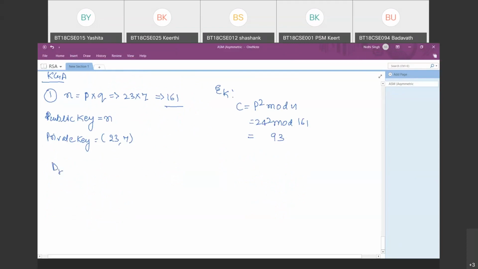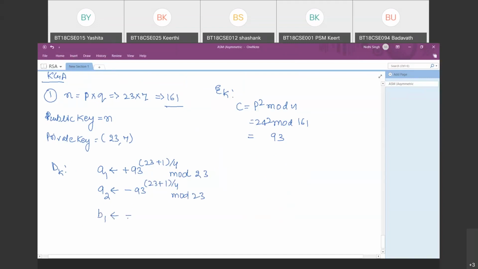In the decryption process, A1 is the plus value of the ciphertext raised to the power (p plus 1) divided by 4, mod p, that is (23 plus 1) divided by 4 mod 23. A2 is the negative value of the upper one, that is (23 plus 1) divided by 4 mod 23.